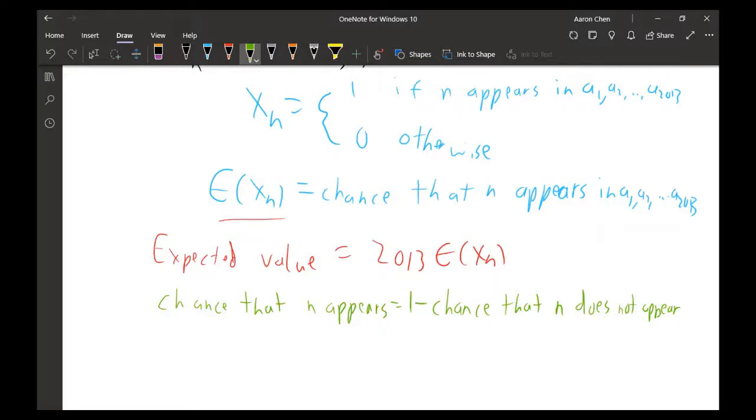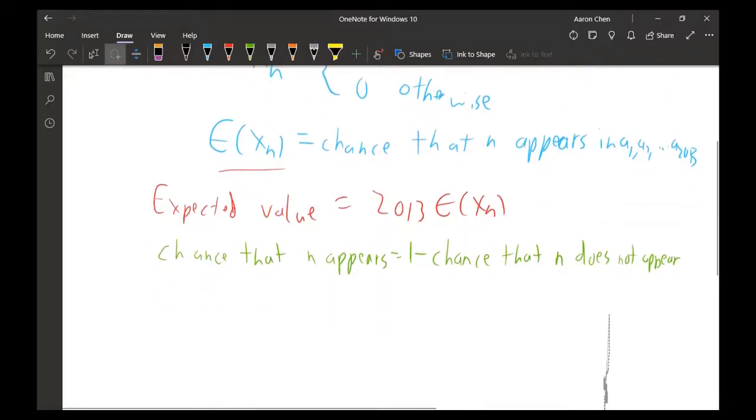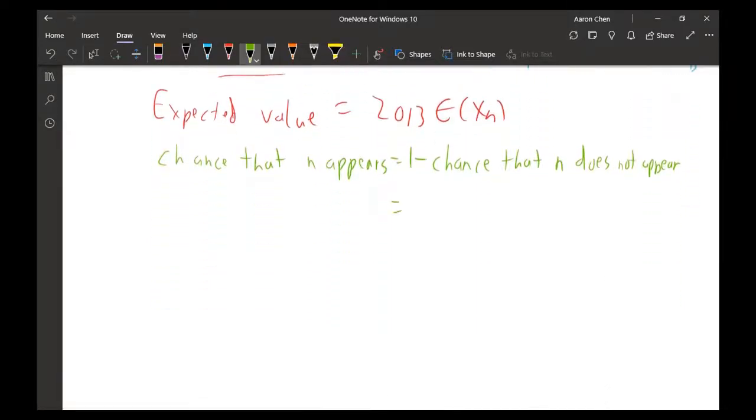We can calculate the chance that n does not appear individually for A1 to A2013, and it's impossible for there to be an overlap, because if there's any instance from A1 to A2013 where this is false, then the whole thing is false.